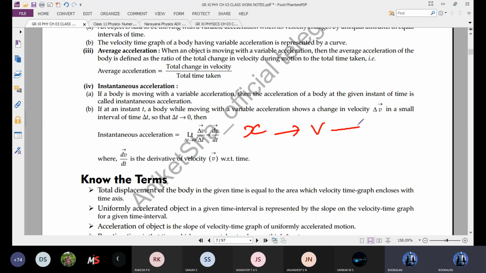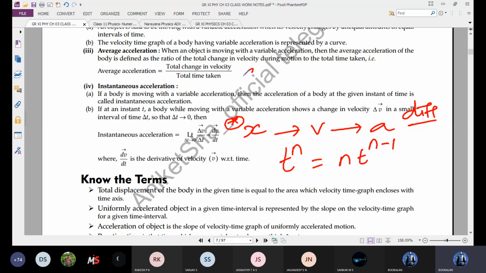So this is for differentiation. Differentiation formula: x power n, or t power n, is equal to n into t power n minus 1. So this is for differentiation, going from bigger to smaller.